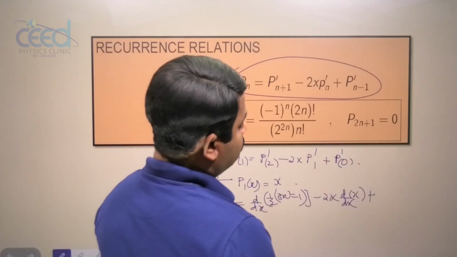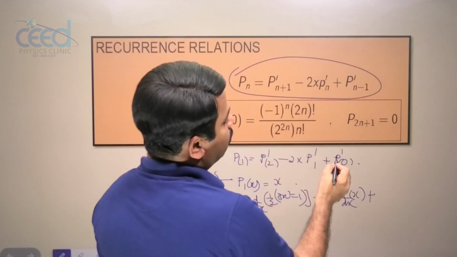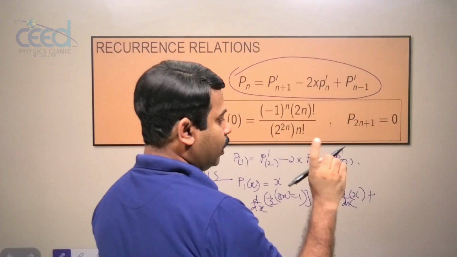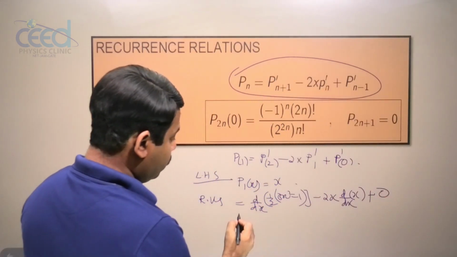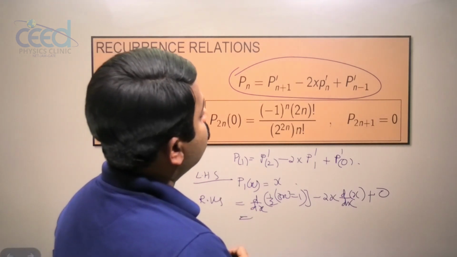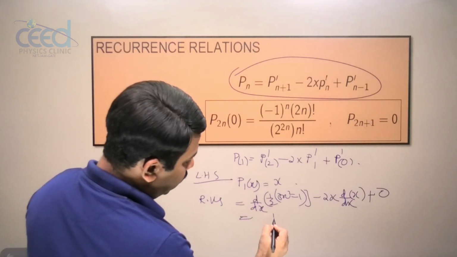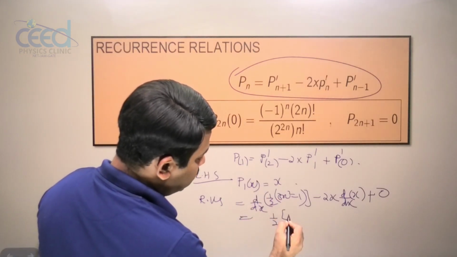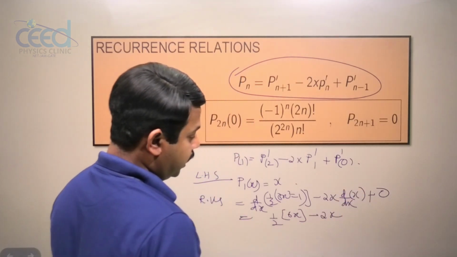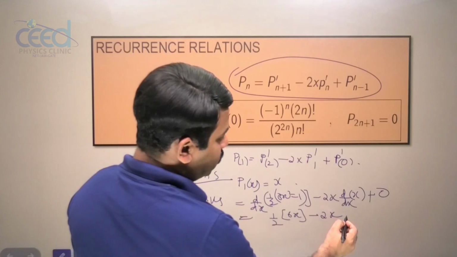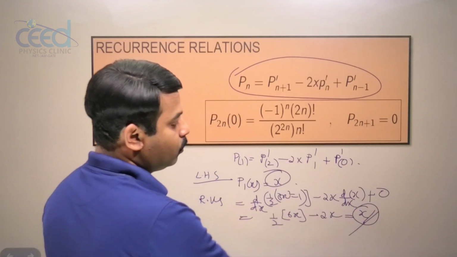P0 is 1 only, and differentiating gives 0. We can write this as 1 by 2 into 6x minus 2x, then 3x minus 2x is x only, that is what we got. So LHS is equal to RHS.